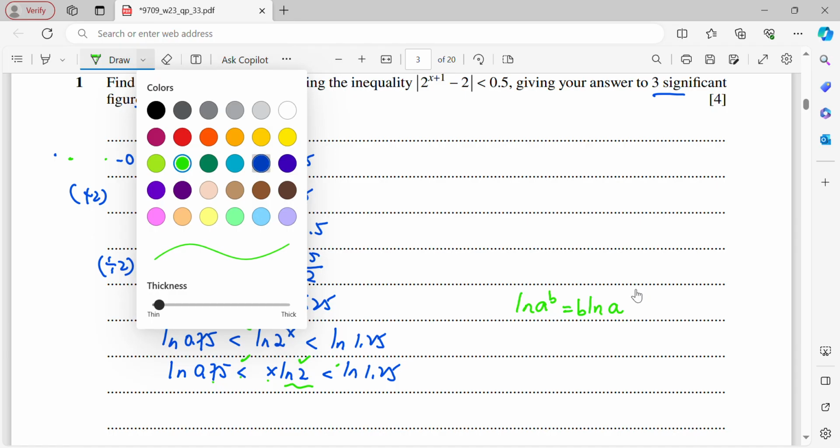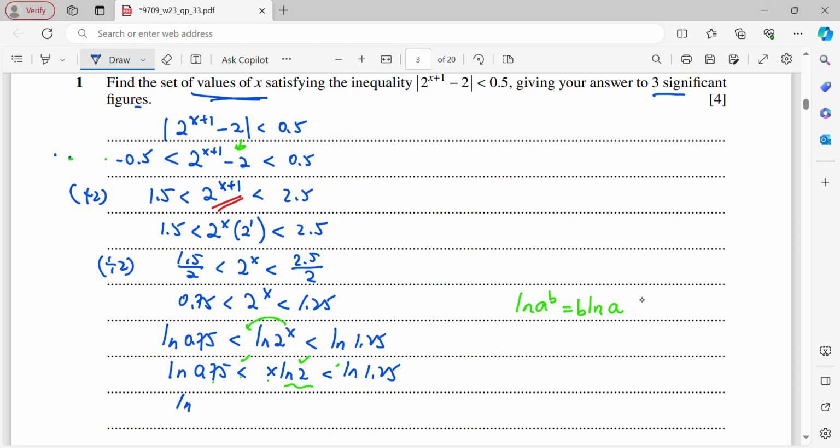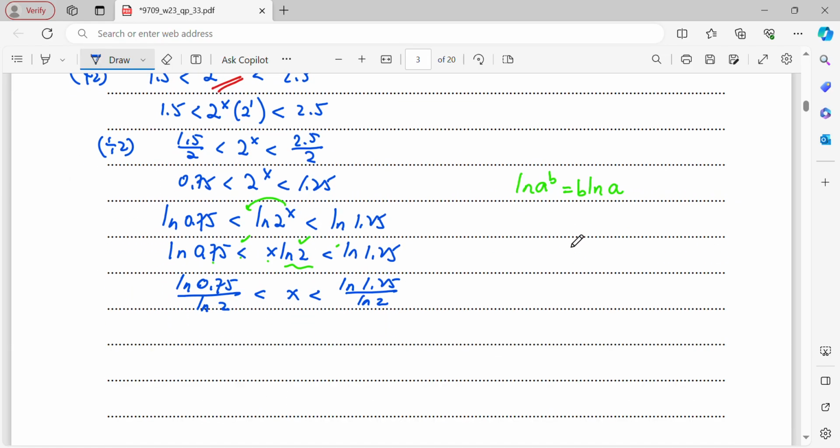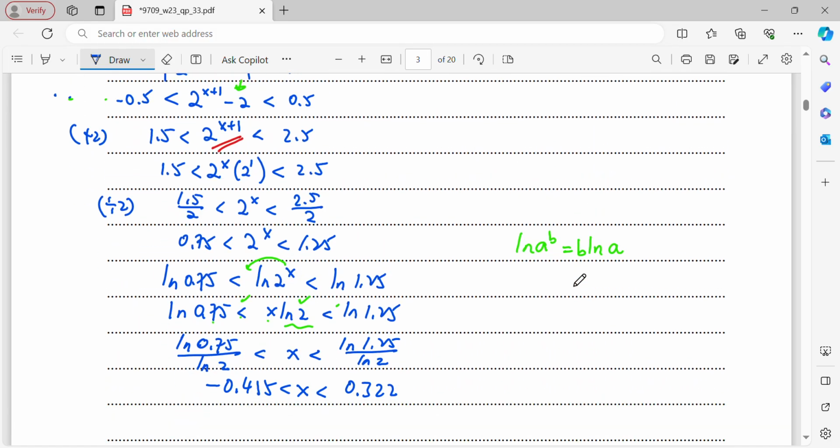So I just divide the whole inequality by ln 2. Then from here, just calculate the values. The first one is going to be negative 0.415, and the next value is going to be 0.322. So that is the solution of this question.